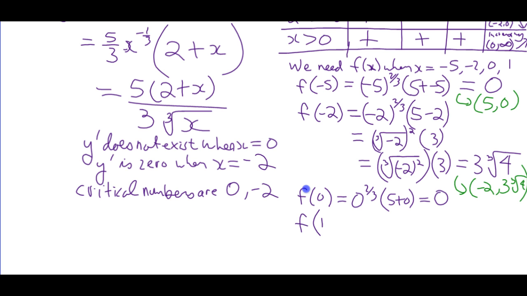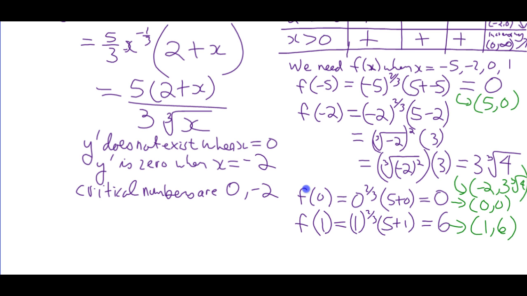And we've got f of 1, which is 1 to the 2/3 times 5 plus 1, which is equal to 6. Okay, so we've got the point here, 0, 0, and we've got the point here, 1, 6.